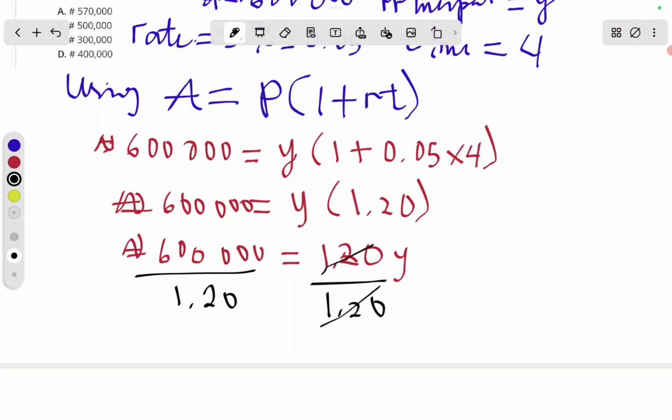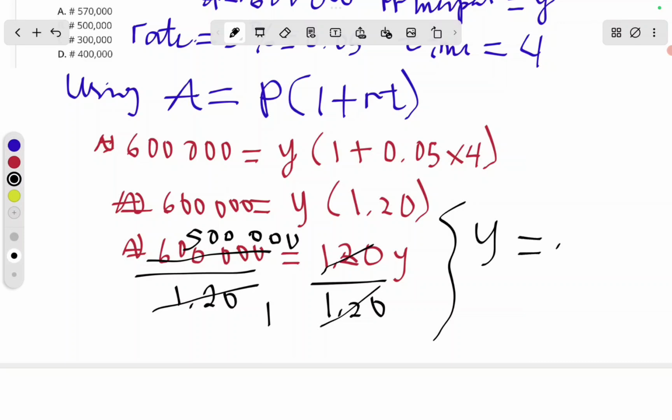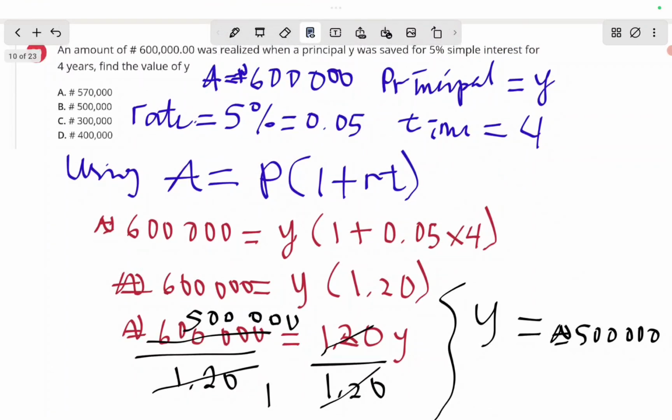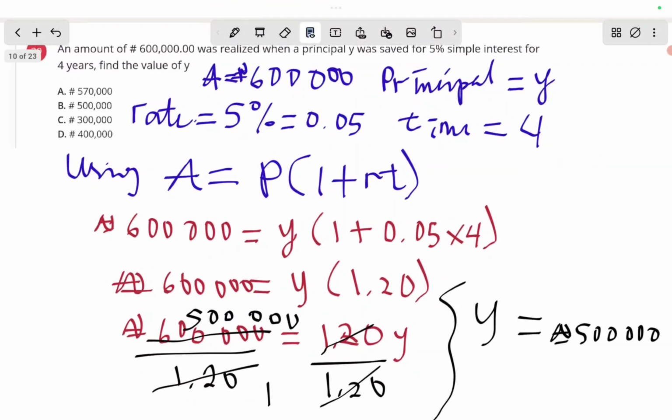This will cancel this, and the value of Y is 600,000 over 1.20, which is the same thing as 500,000 naira. And this is option B.